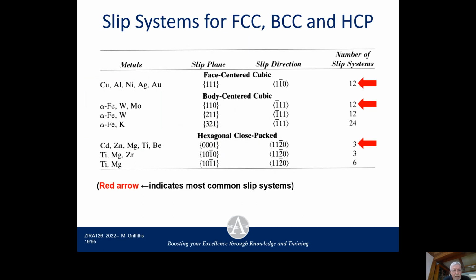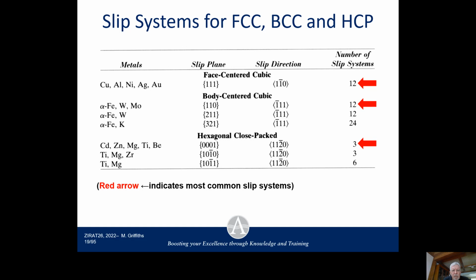So I mentioned that the body center cubic, this is the main slip system that exists, basically 111 Burgers vectors, direction of slip on a 110 plane.